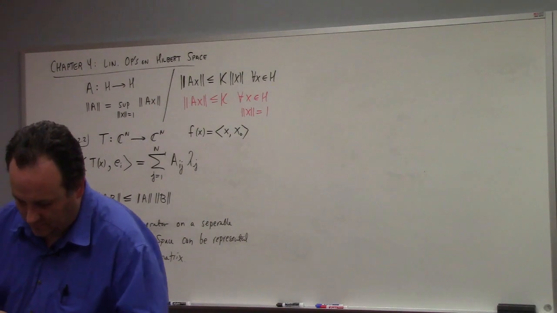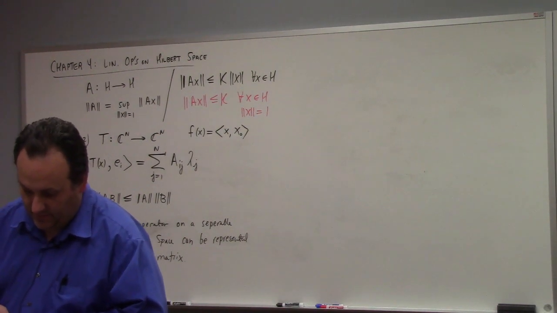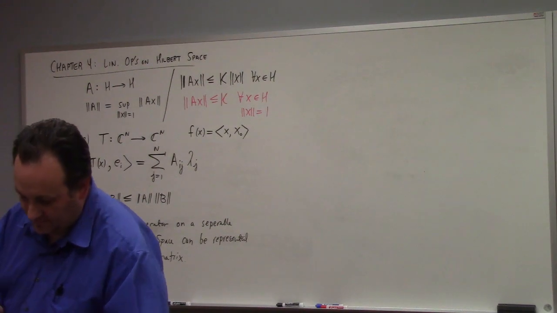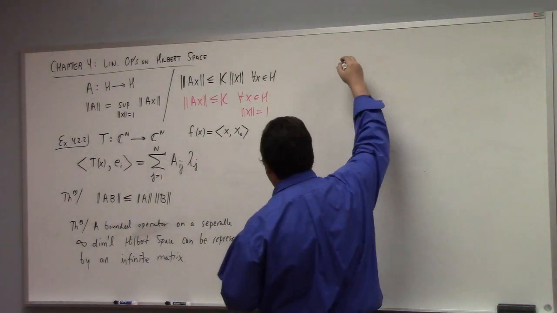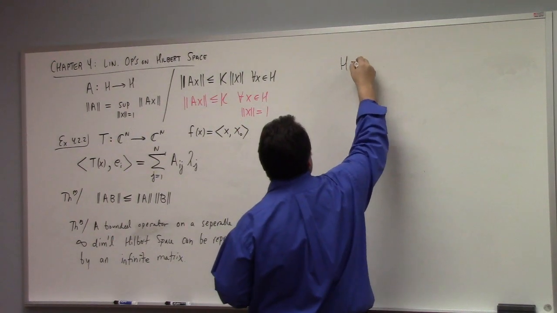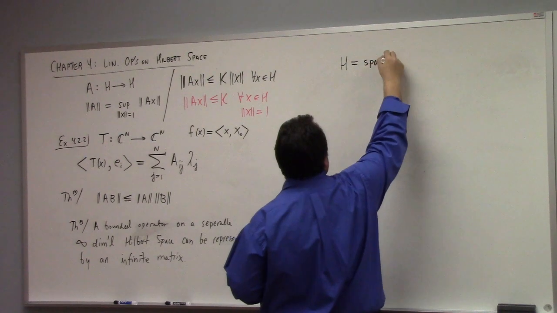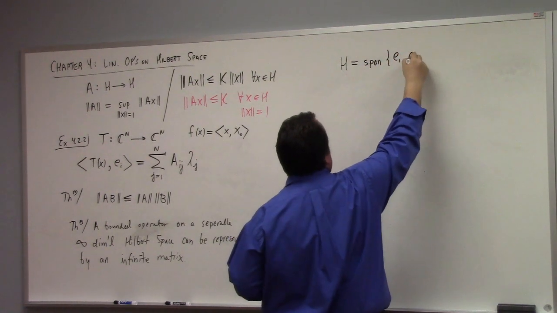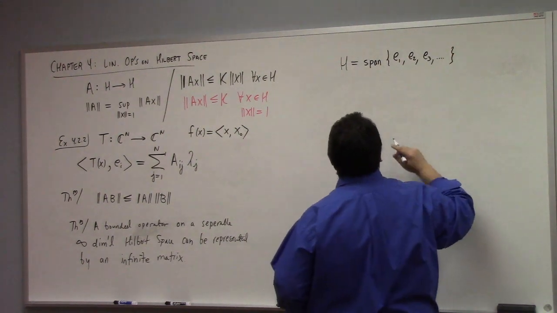All right, so what do you think the formula is here? So this theorem, H is essentially the span of E1, E2, E3, and so forth and so on forever and ever, right?